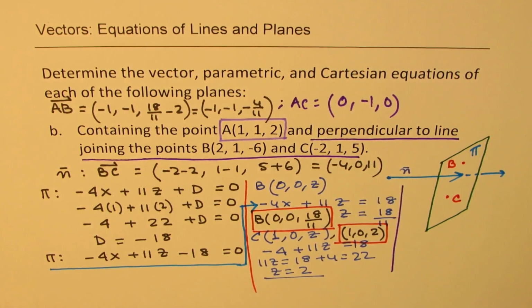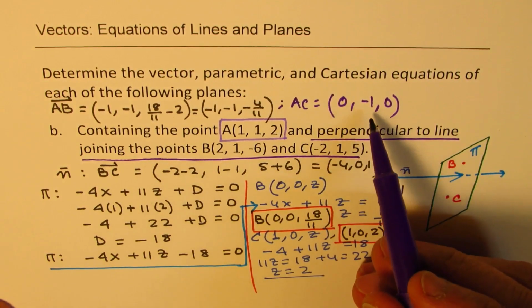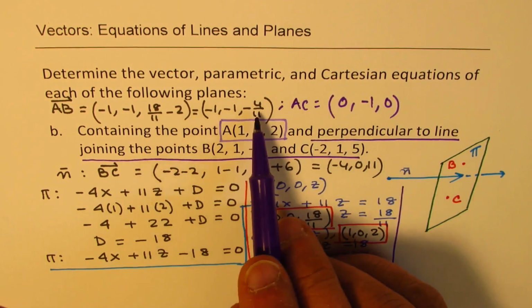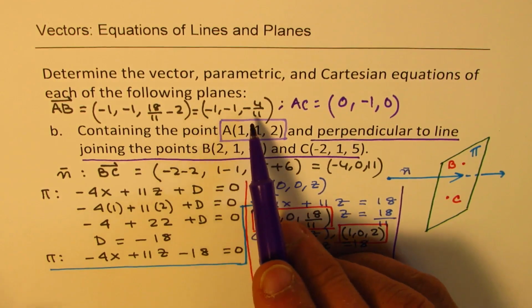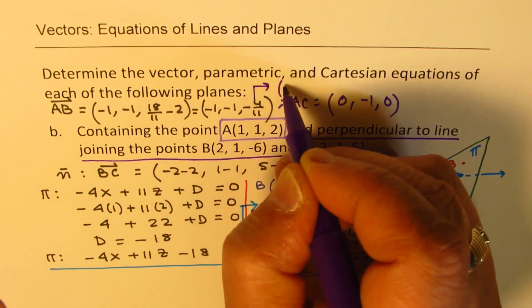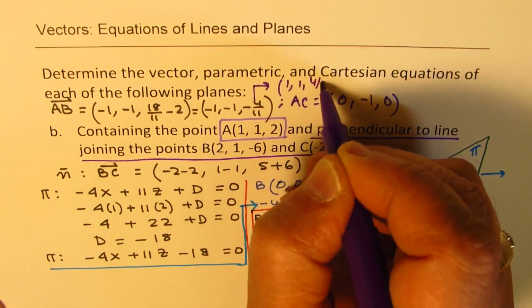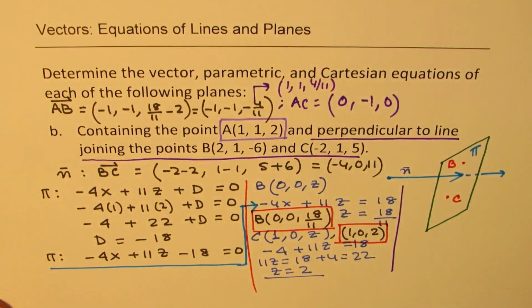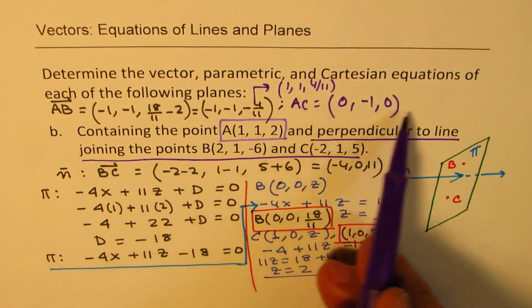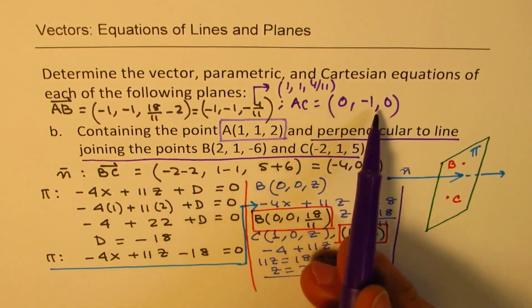So once we get 2 directions, we can write the vector and parametric equation. Now this is all negative, you could write all positive also. So you could change this to all positive, 1, 1, 4 over 11. No harm. Since all are negative, either way it is the same thing. You could also write the other as all positive, 0, 1, 0.